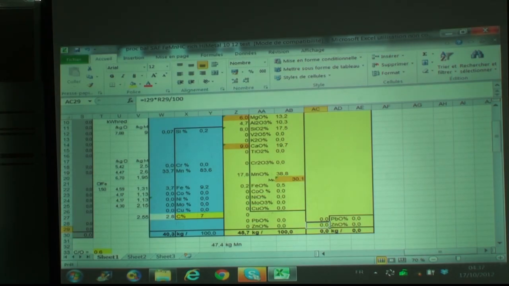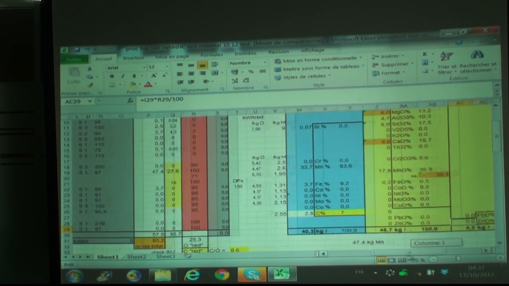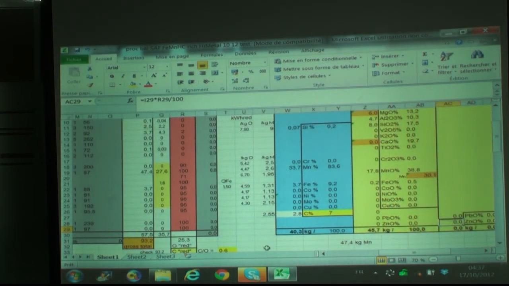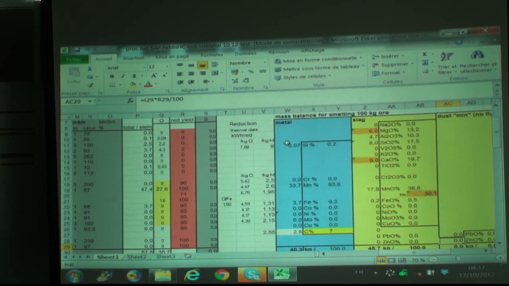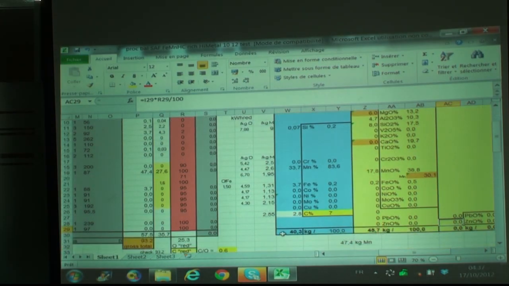Agree? In our case, no, we have 0, of course. So, now we have defined the metal: from 100 kilo ore, 40 kilo metal. We have defined the slag: from 100 kilo ore, 46 kilo slag.